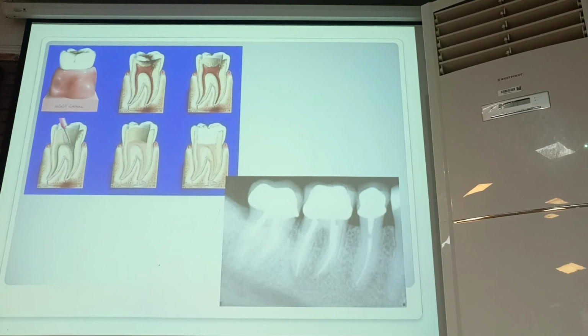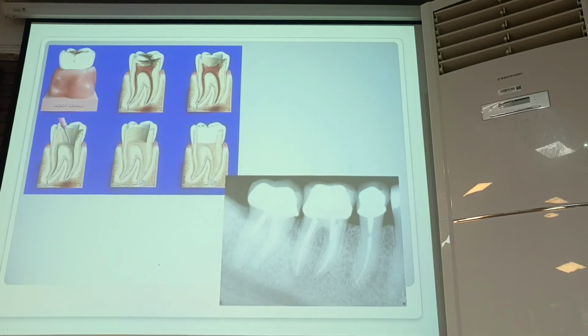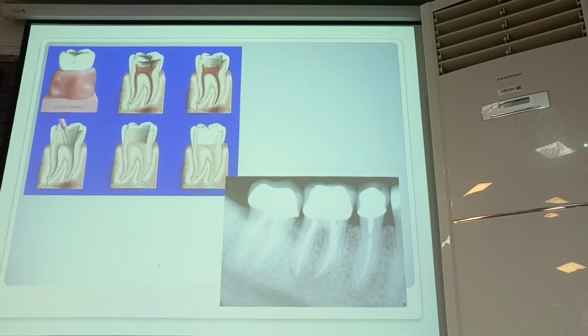Here you can see different stages of RCT or root canal therapy. We should remove all carious tissue, and then by some special instruments, the name is file, with different sizes and different lengths, remove all the necrotic tissue from the root canal, and then fill it with a special kind of material, the pink material you can see here.